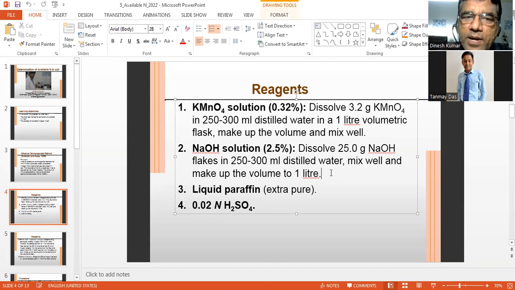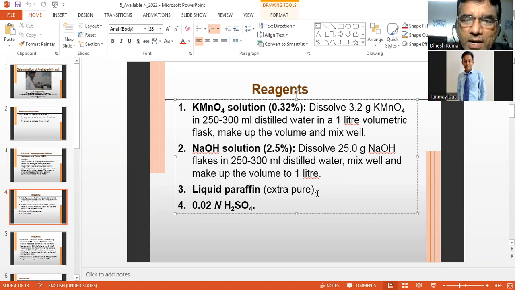So here it is 2.5% because here the quantity of nitrogen is much less. In one example, you have seen if your total nitrogen was 2000 kg per hectare, then the available nitrogen was 140 kg per hectare. Therefore, you can take 2.5% sodium hydroxide because the quantity of ammonia to be liberated is less.